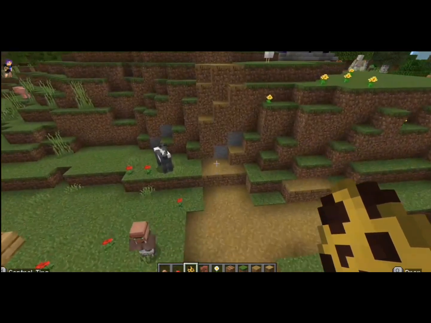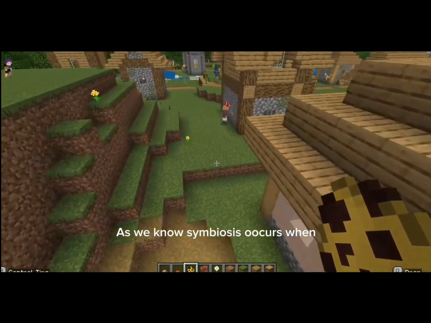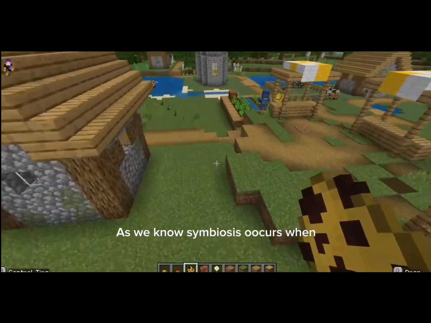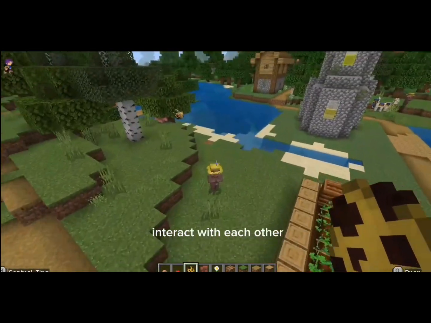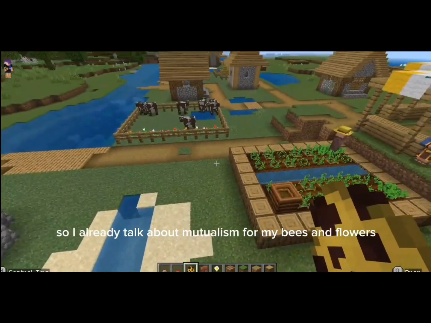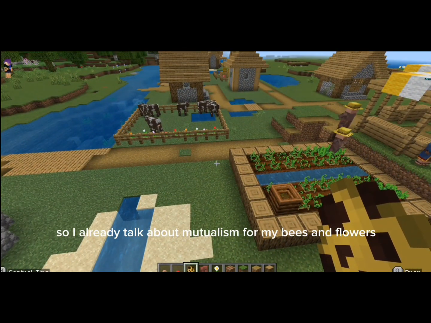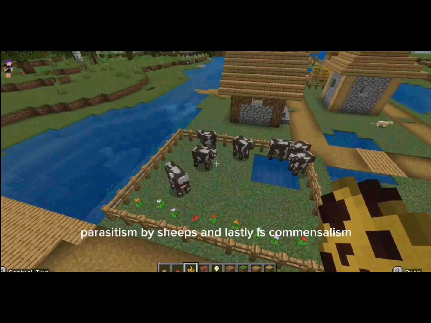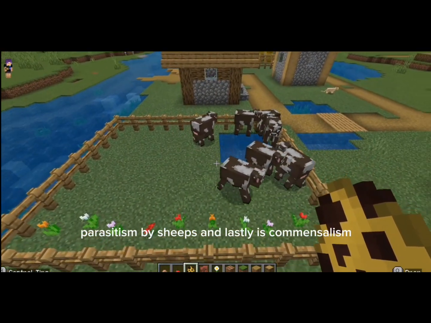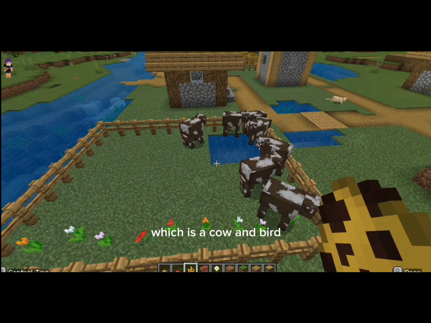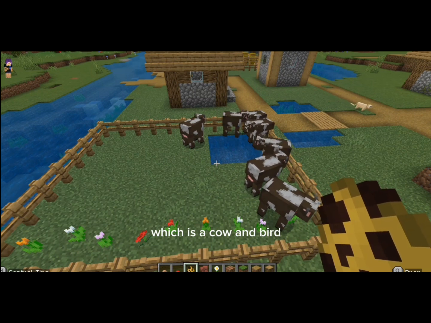Let's move to my cow. As we know, symbiosis occurs when different species that live together interact with each other. So I already talked about mutualism for my bees and flowers, parasitism for my sheep, and lastly is commensalism, which is a cow and birds.